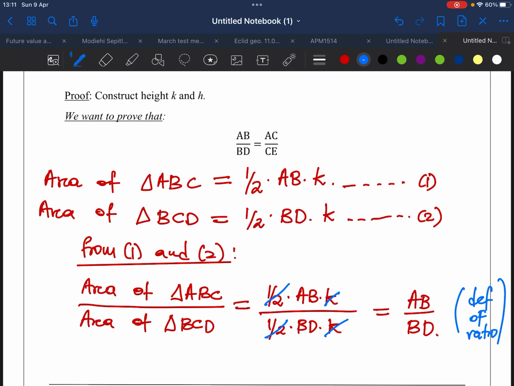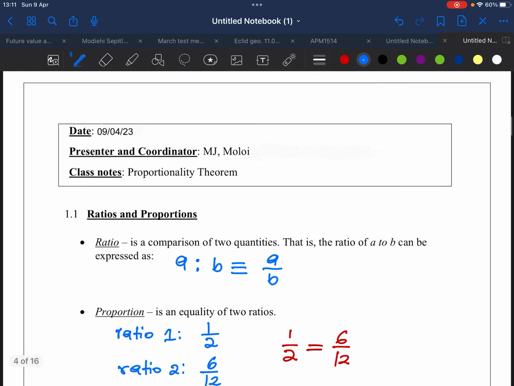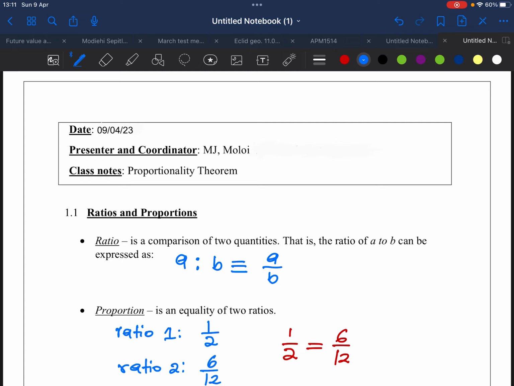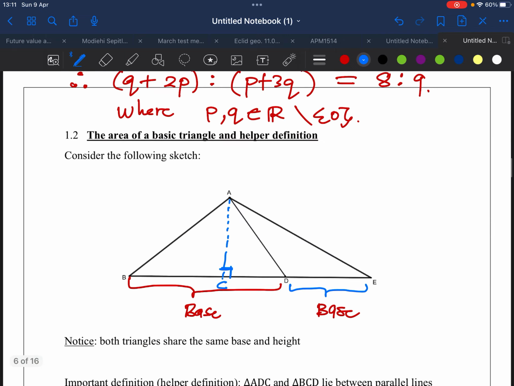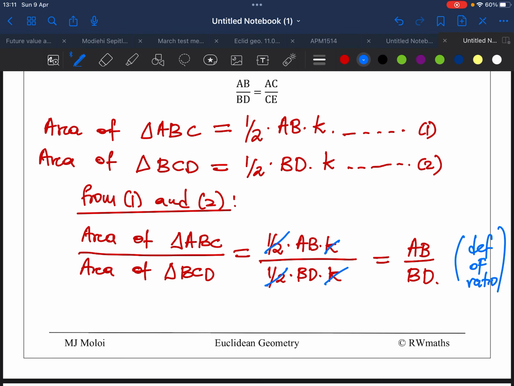We have spoken about the definition of ratio: when you have A to B, it is equivalent to A over B. Let's say area 1 and area 2, we can divide them, and there will just be a ratio there.